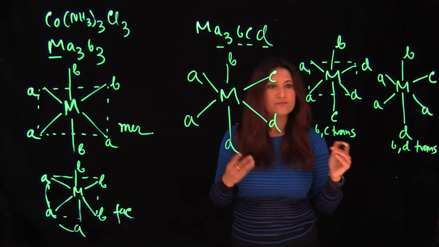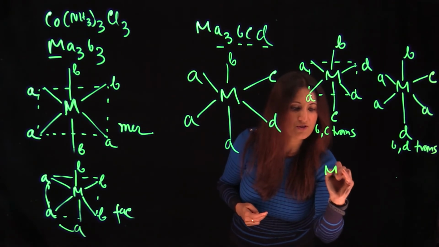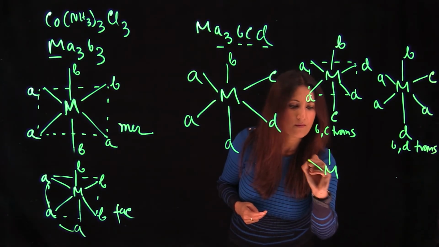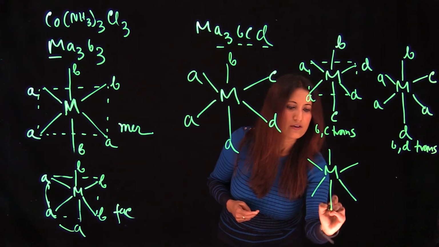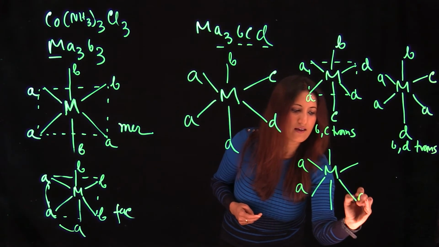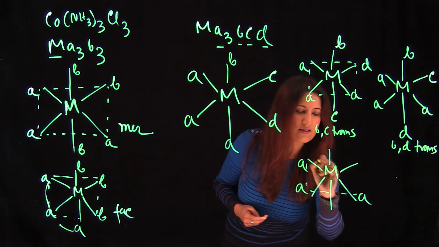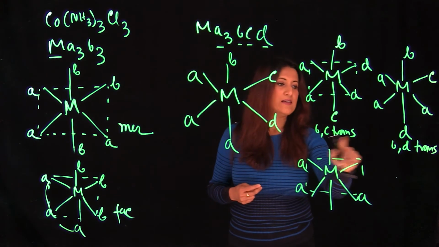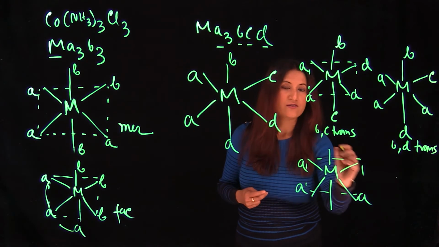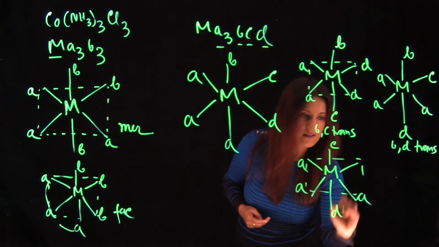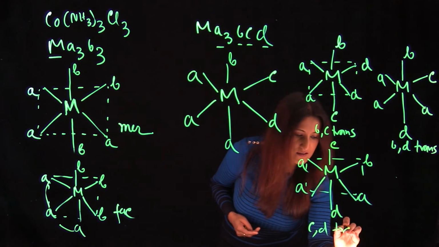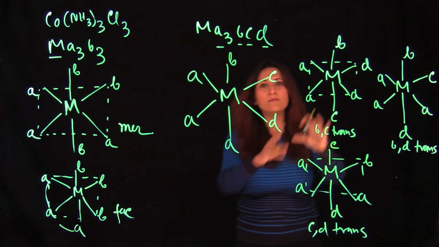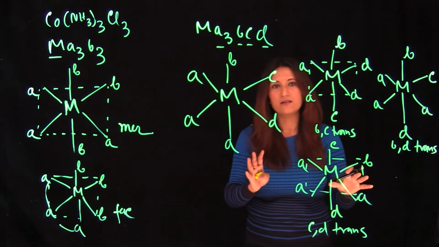The third one, well, you already guessed it, I'm pretty sure. So here I still have A, just like before. I have B, C, I have B and D. So the next will be C and D. And this is my B. So here C and D is trans. So all I'm doing here is moving around the ligand.